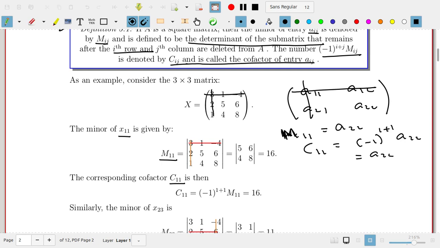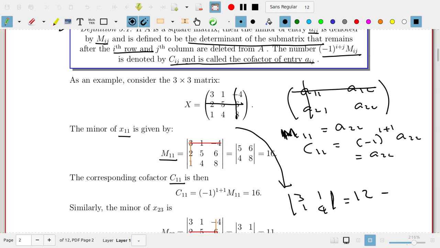Similarly, the minor of element X23 is what remains after you cross out the second row and the third column. So what remains is the matrix 3 1 1 4, and you find the determinant of that.